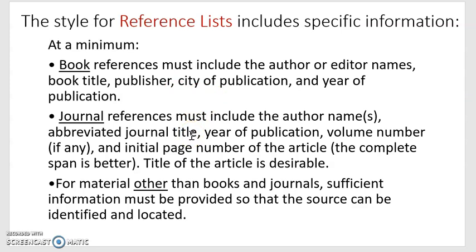Journal references have additional pieces because they have two titles, both the title of the article and the title of the journal. They have volume numbers and issue numbers. And for websites and so forth, again, you have to have enough information so that the source can be identified and located.